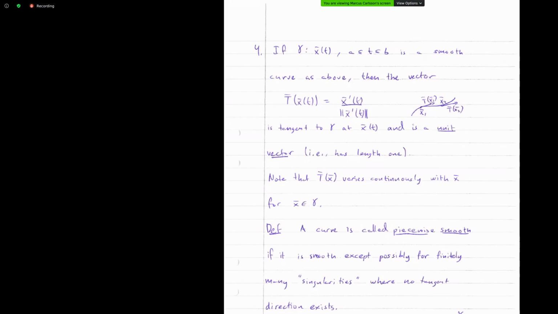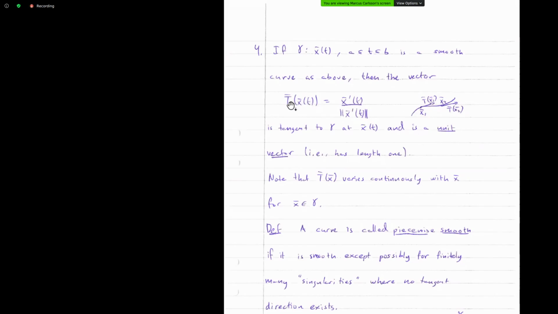Some people run fast, others run less fast. So if we divide with the speed, we get rid of that, we get a unit length vector, and that's what we're going to call the tangent. So the tangent is independent of the parameterization, at least except for maybe direction. You can run forward or backwards along a trail, right?